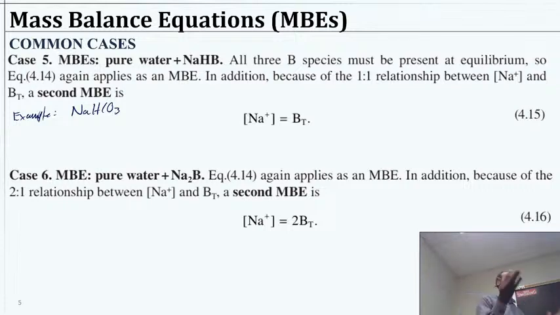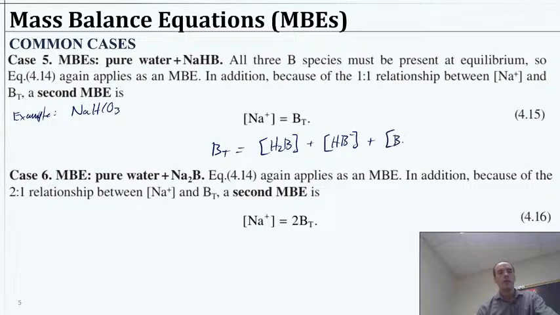B total is going to be equal to the total sodium. In addition, by the way, the separate equation that we can write is to say B total also equals the concentration of H2B that's there plus the HB minus plus B2 minus. Right? Both of those are true. And maybe I'll write that on the previous one also.